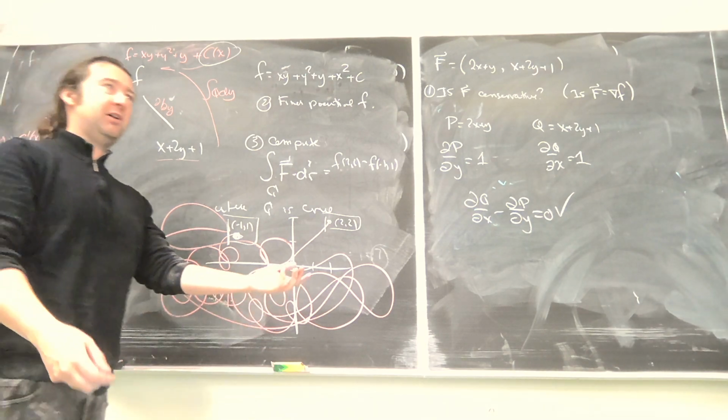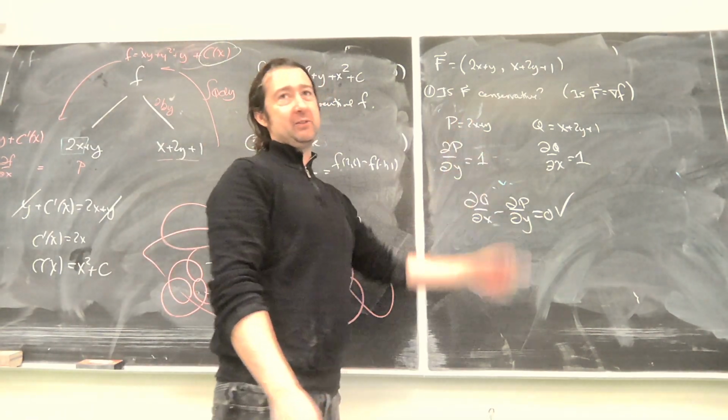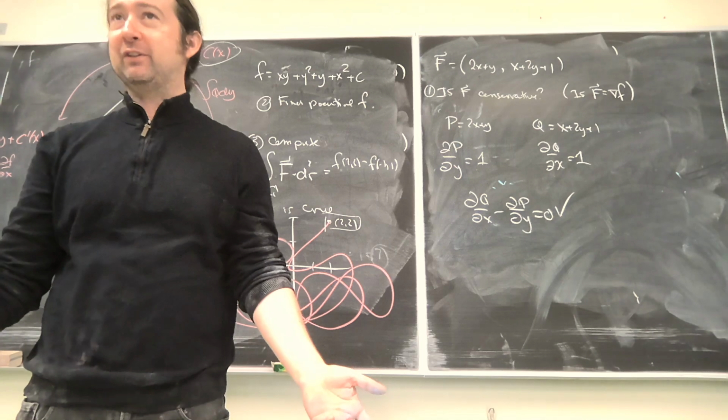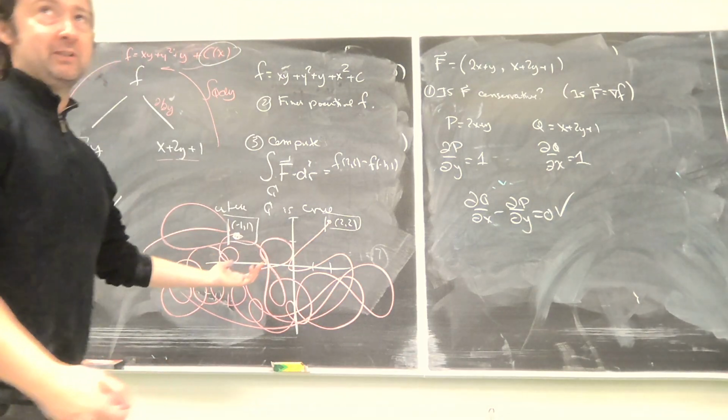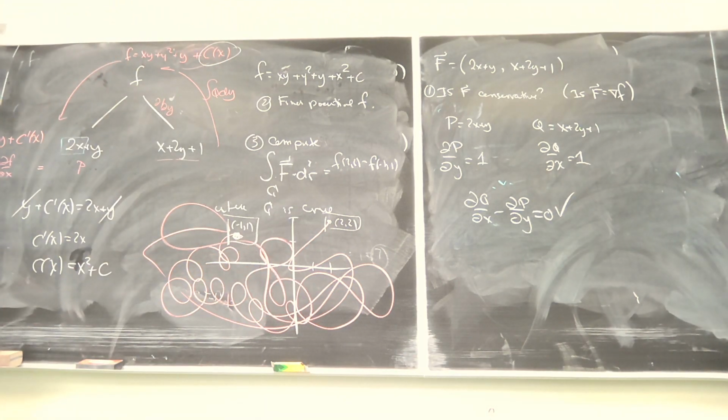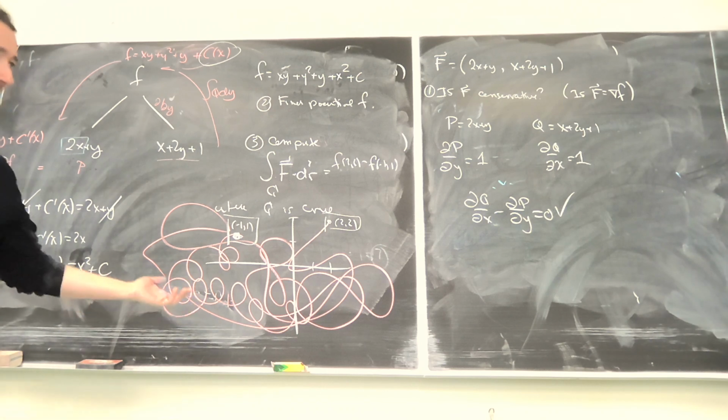So probably if I was being honest, the question wouldn't be is f conservative, it would be verify that f is conservative and then calculate the potential function. So generally, when you're working with these things in the context of a math book, if I ask you to find a potential function, then you know the vector field is conservative, right?